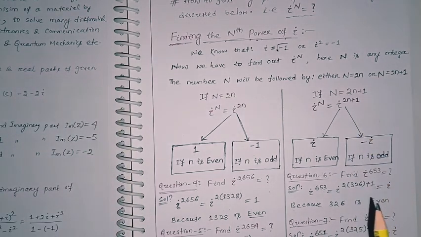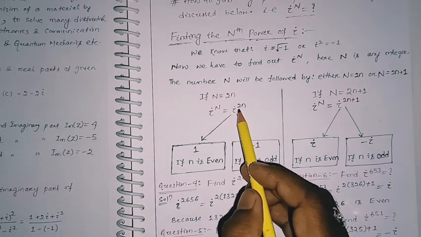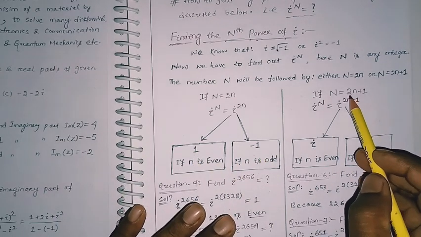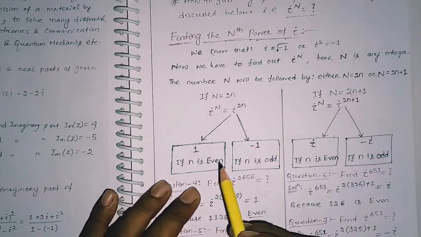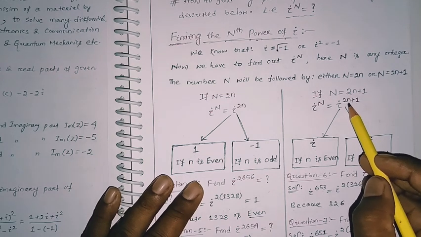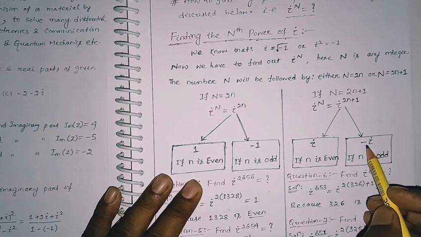So if the capital N is written in the form of i to the power 2n, the value will be either 1 or minus 1. If it is in the form of 2n plus 1, it will be either i or minus i. Here for small n even, it will be 1; if odd, it will be minus 1. For the 2n plus 1 form, if small n is even, it will be i; if small n is odd, it will be minus i.